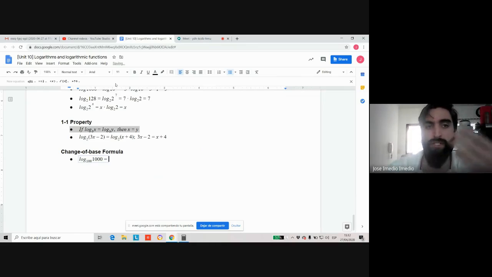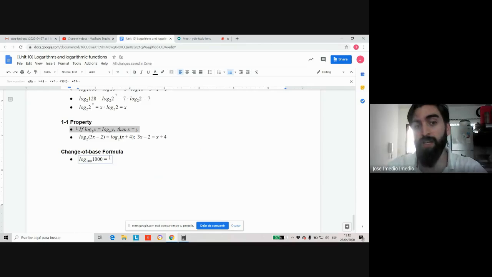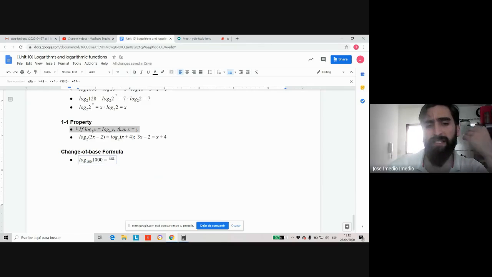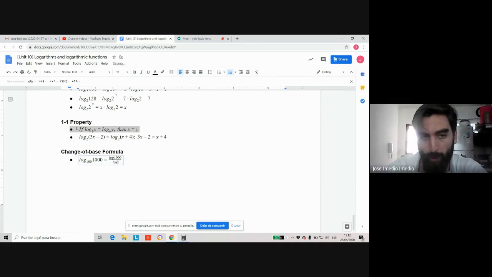Okay, there's a formula for this. It's a change of base. I'm going to change that into a common logarithm with base 10. So the property says that this is the same as the following quotient. It's the logarithm base 10, so the common logarithm of 1000 divided by the common logarithm of 100.